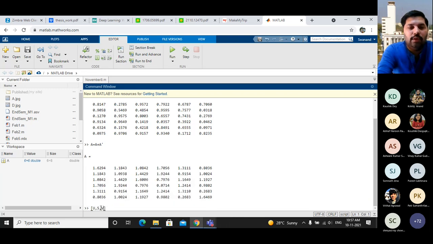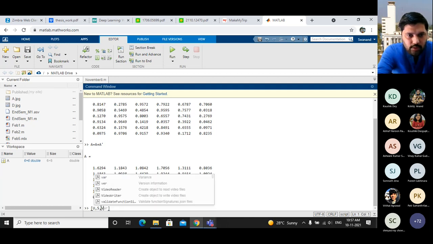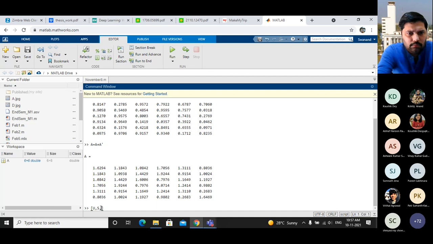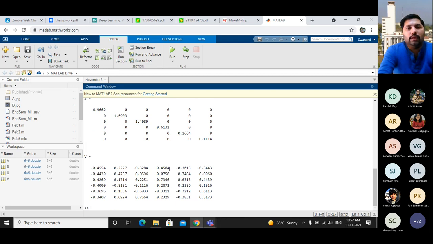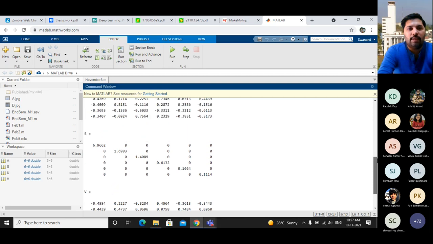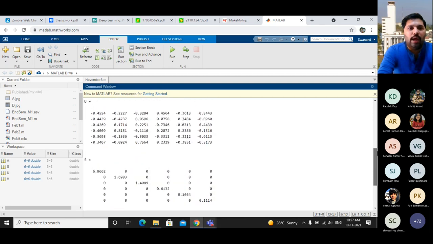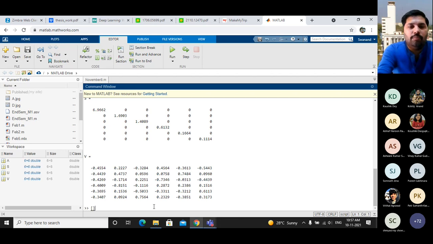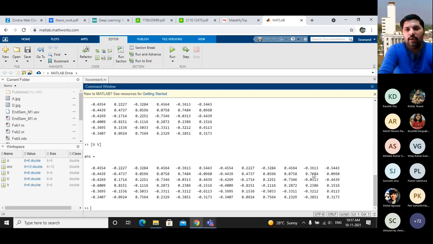So U, S, V is the SVD of A. I'll do SVD of A, and you see these are the U and V matrices. Especially if you want to see what is happening with U and V, you can print them. Let us see: 1, 2, 3, 4, 5, 6, U and V. I hope they will come in one line.